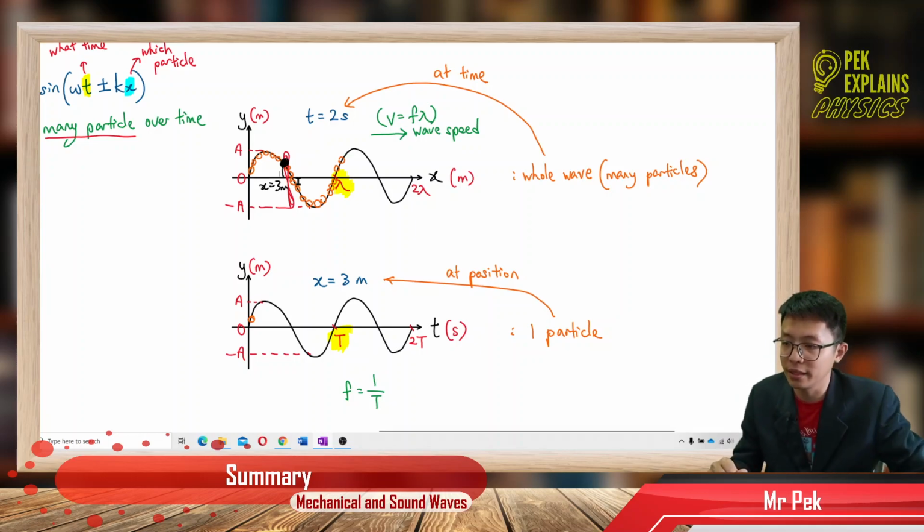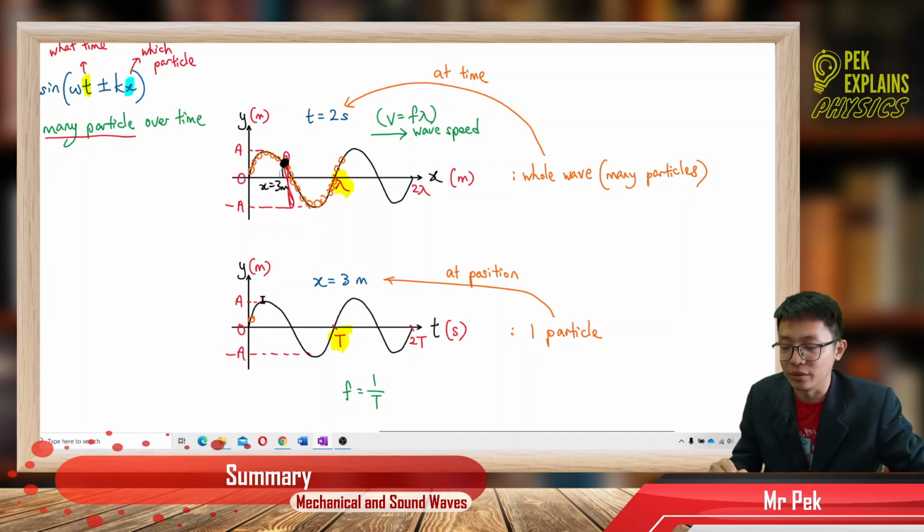This displacement versus time graph shows the oscillation of the x equal to 3 meter particle, up and down over time.